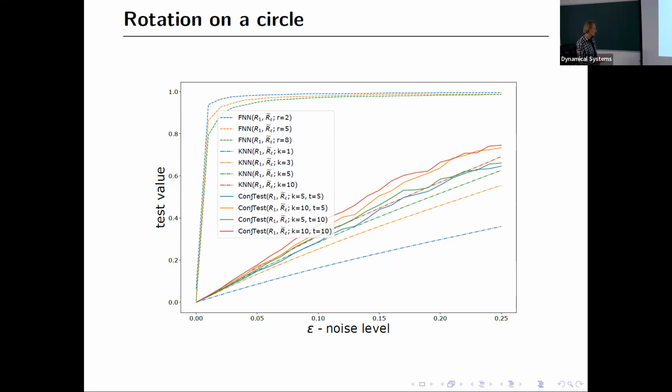This is something we like about the conjugacy test, because in the end we are currently trying to apply it to some real world data, where of course we expect to see a lot of noise. So this is a nice property.